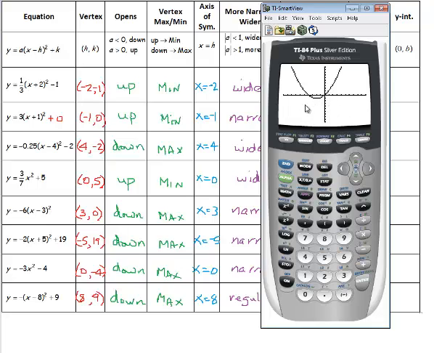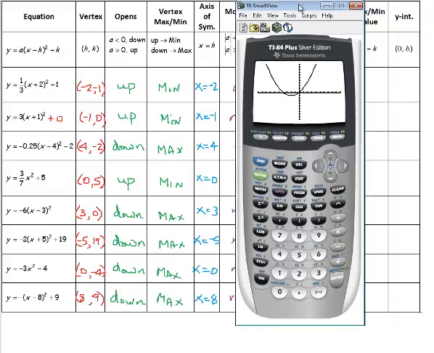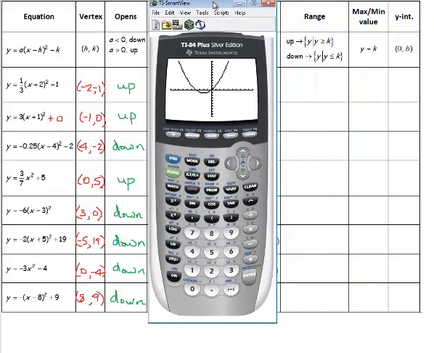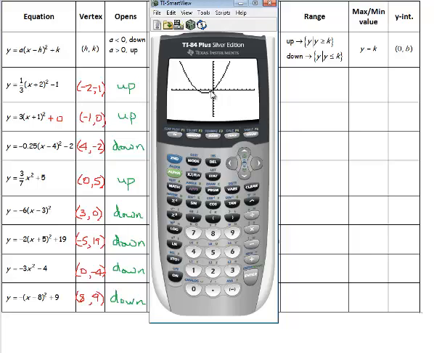Notice there's no y values being used here. So if it opens upwards, let me move it over, then it's greater than or equal to the k value, the y coordinate of the vertex. So here the lowest value on the graph is -1. So it's greater than that, right? So it's always above that.